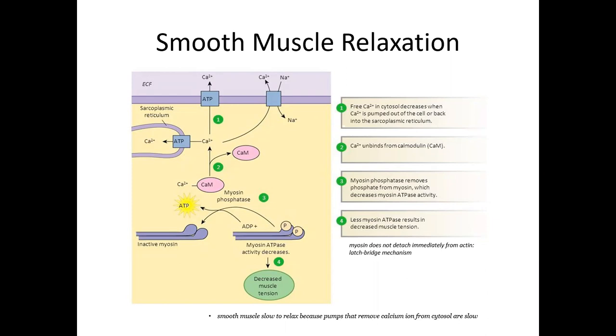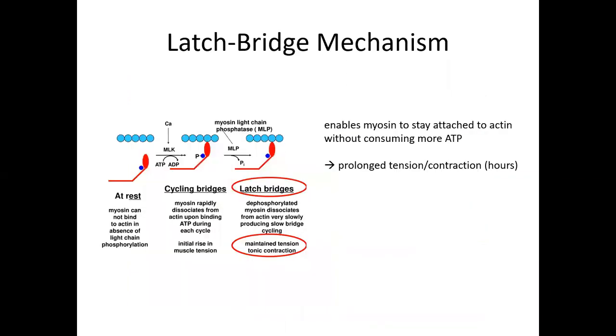Even though the tension decreases, it does not immediately separate, as what happens in skeletal muscles. As soon as the ATP binds, then the cross bridge is broken. Here, instead of that type of mechanism, we have something called a latch bridge mechanism.